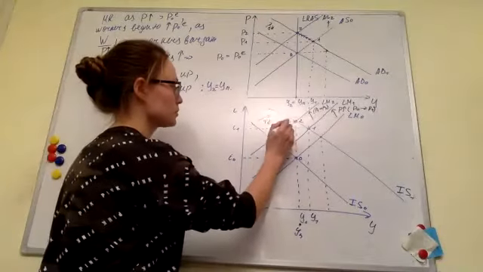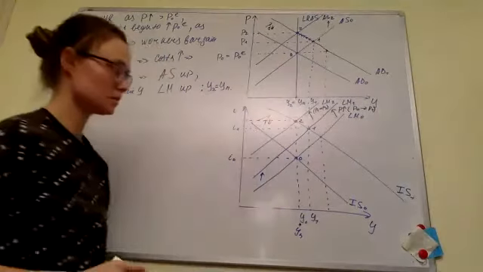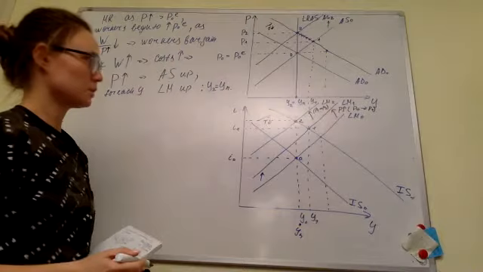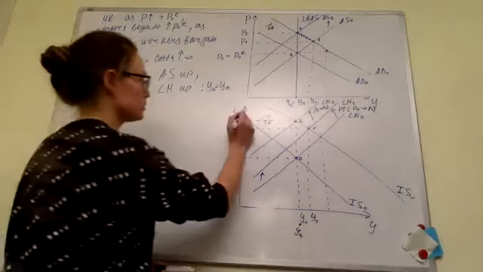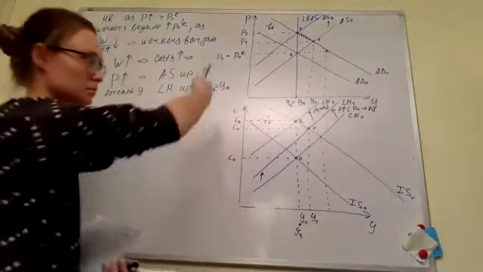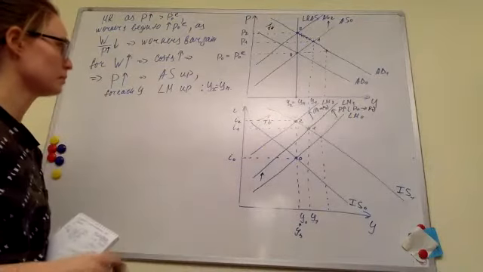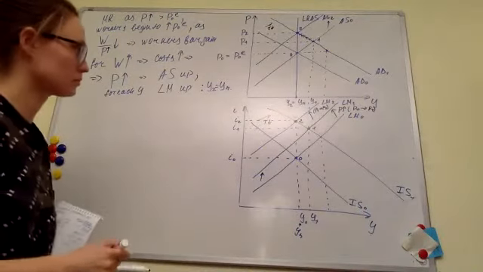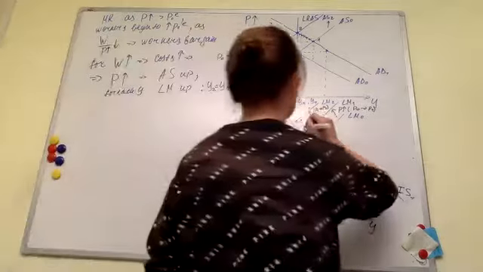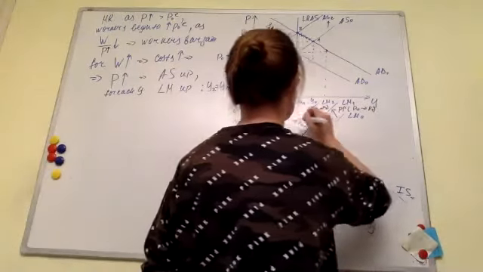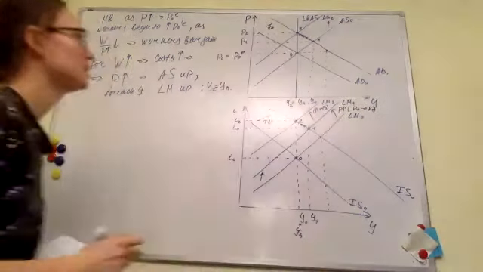For equilibrium 2, we see that we will have higher interest rates. Agree? So we move along IS to the new equilibrium.